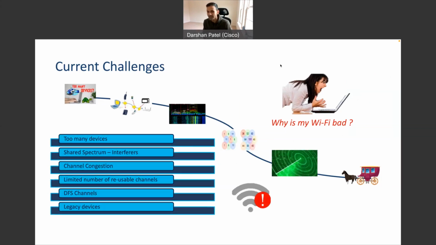But is it really helpful when you have a limited number of non-overlapping channels? And even with 5 gigahertz, we say that we have 25 non-overlapping channels. But let's talk about it. There are issues that we have seen with radar detection and the DFS channels. Some or more of the customers do shut it down. That leads us to only 9 non-overlapping channels.